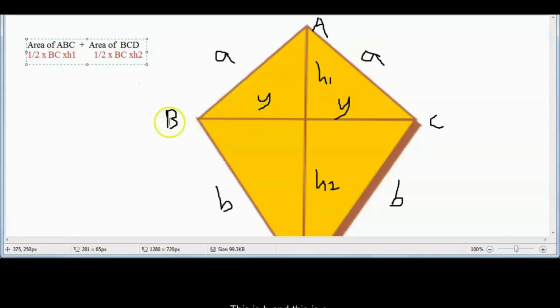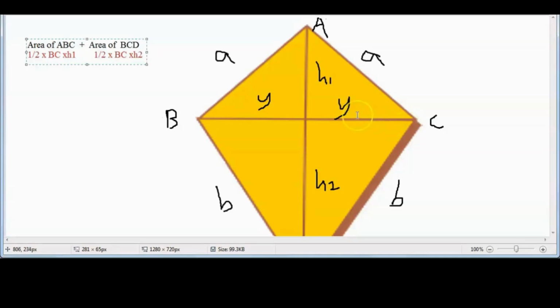This is B and this is C. So the length from here to here is Y, and again from here to here is Y. So that's 2Y, Y plus Y.